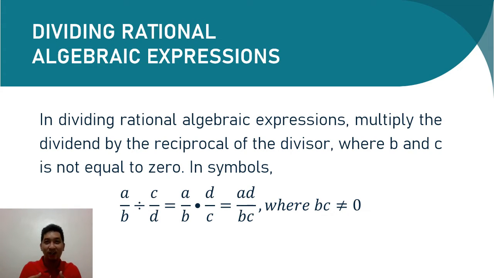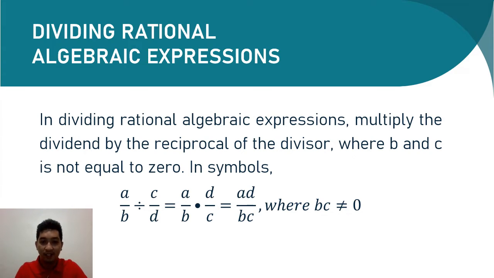So, you will put the numerator in the denominator and the denominator on the numerator. So you have a over b, and then you have c over d, and then the reciprocal is d over c. Okay, and then you will change the operation from division to multiplication. Then proceed to multiplication. You have a times d, and then b times c. So ad over bc, where bc is not equal to 0.